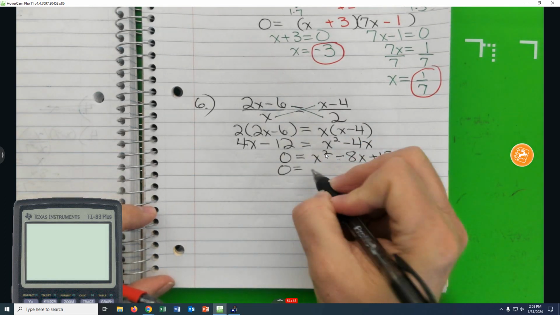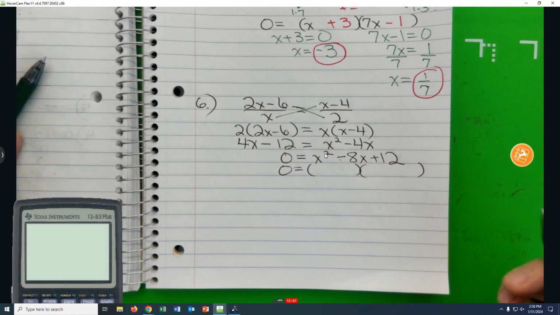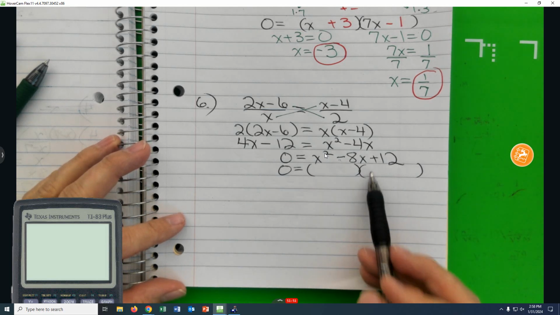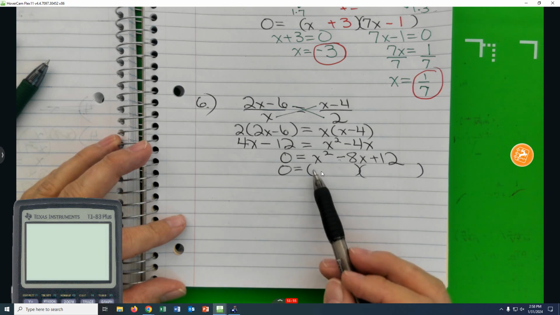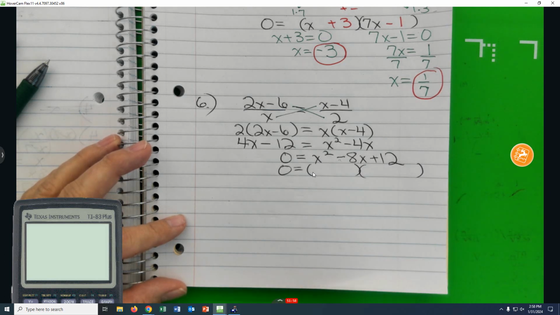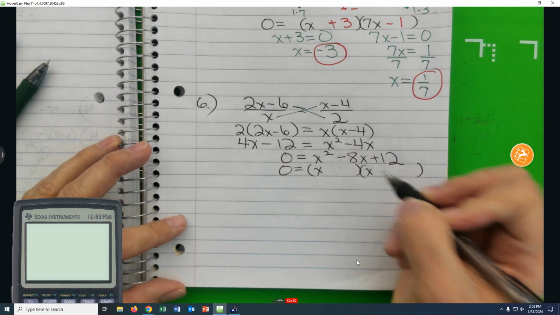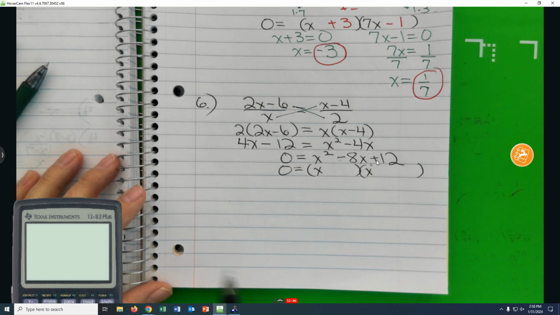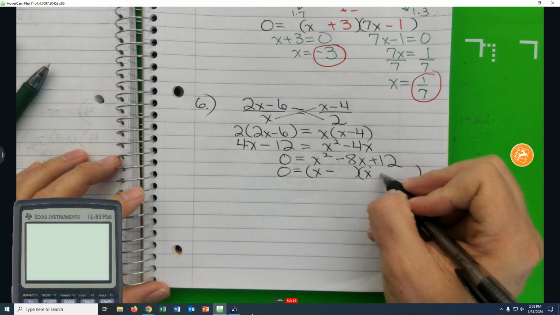If I can't get it factored, I'd have to go to the quadratic formula, but I see the factorization here. X squared, what times what? First times first, what am I going to use? X and X. Okay, the last sign's a plus, so you're using two of the first sign, so minus and minus.